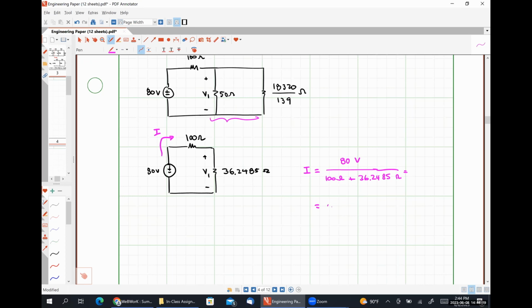Which comes out to be 0.5872 amps. And from here, V1 is just that 0.5872 amps times that 36.2485 ohm resistance, or 21.2838 volts.